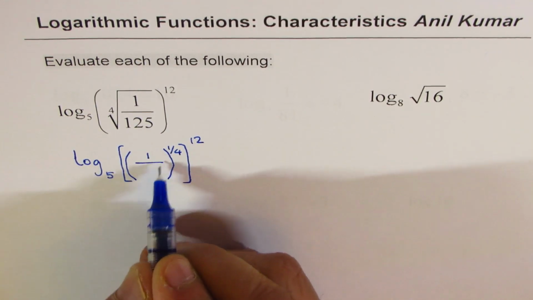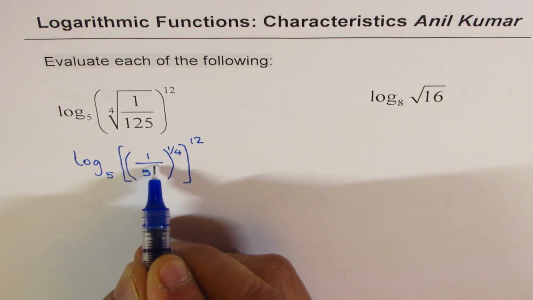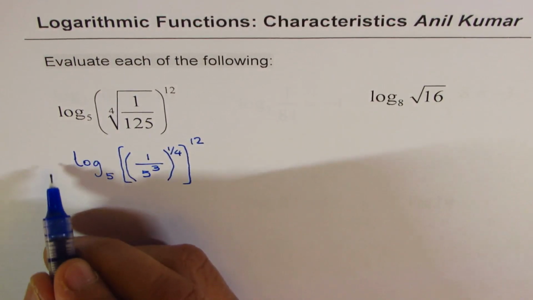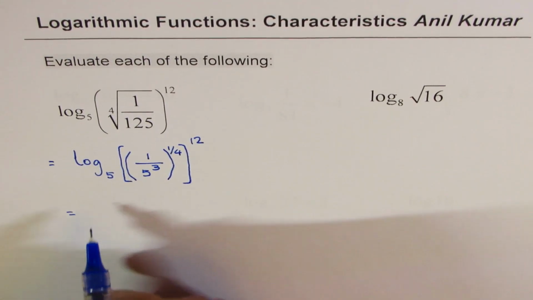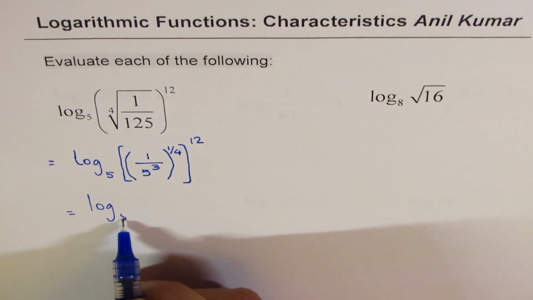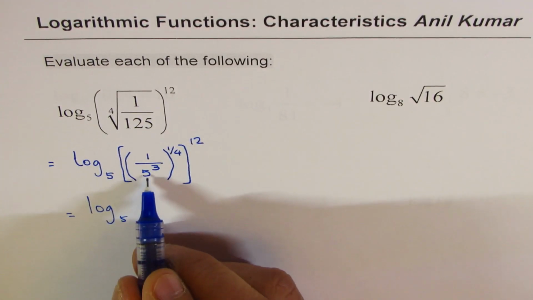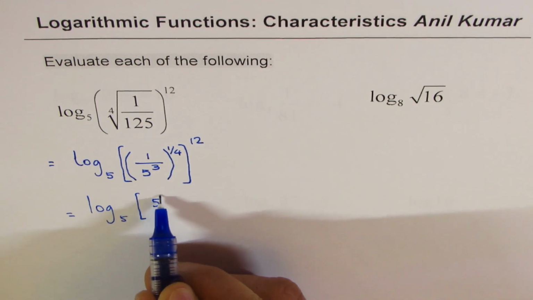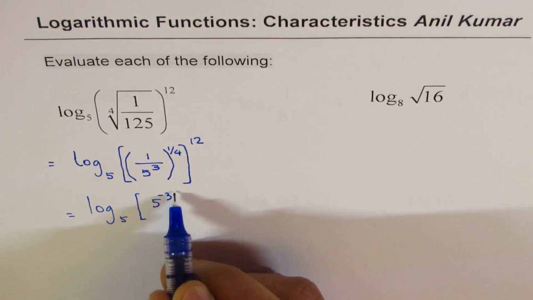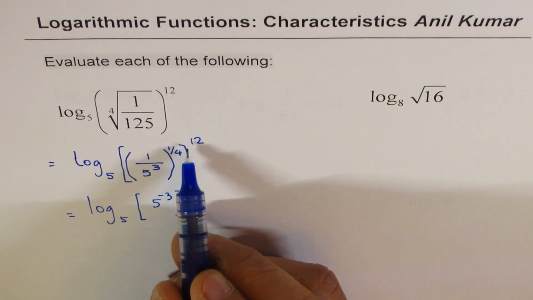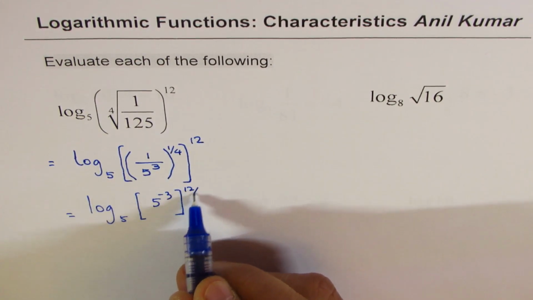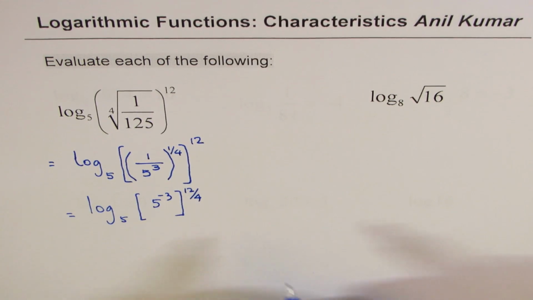1 over 125 means 1 over 5 cube, right? 5 times 5 times 5 is 125, correct? Now, I could actually write this applying the exponential rules. Since this is in the denominator, I could write this as 5 to the power of minus 3, is it okay? To the power of 12 times 1 over 4. So I can write this as 12 over 4, right?